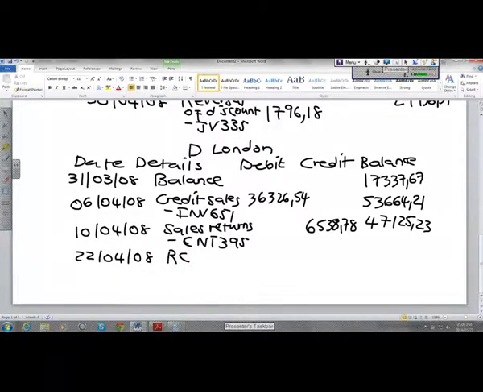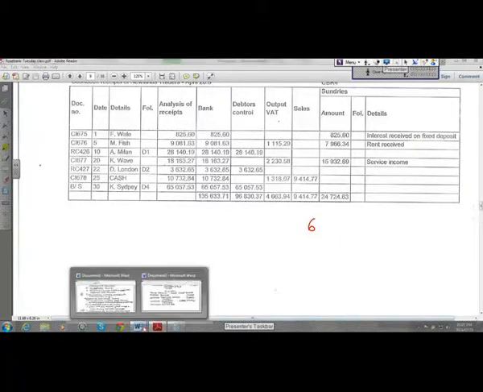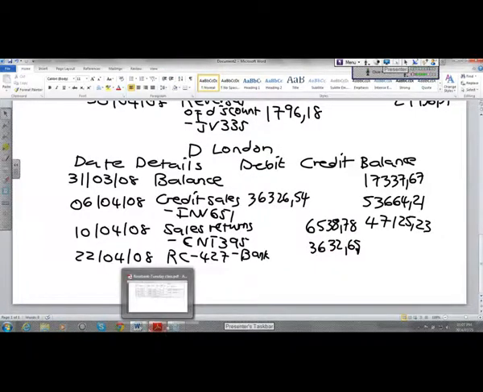So 427. So he's actually doing a payment. Okay, so how much is the payment? So it's 3,632.65. Okay, so now we can do a calculation to update the account.